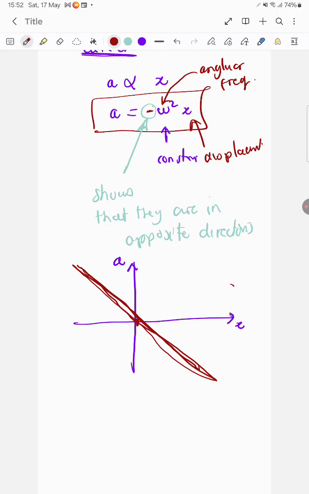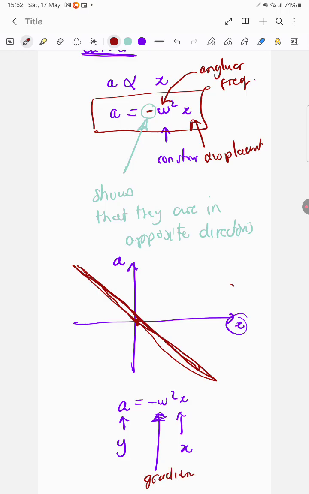And then you need to be able to tell, if I linearize this equation, a is equal to negative omega squared x, a is y, and x is displacement. And that means, what does your omega squared represent? Your gradient. Very nice.